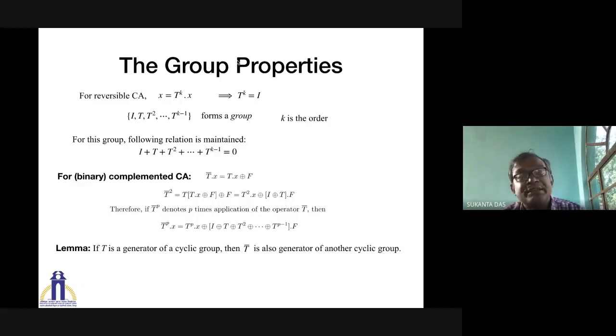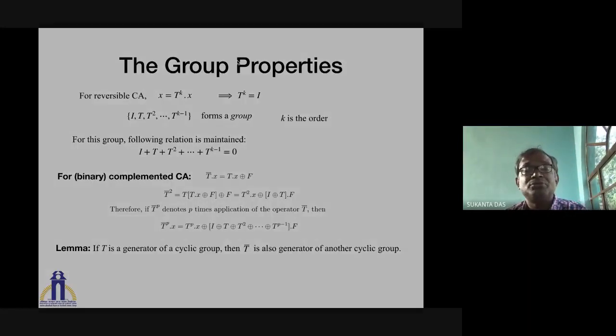That is, if the linear CA is reversible, then any of its complement is also reversible. If T is reversible, then any of its complement is also reversible. So to prove this theorem, we shall use the previous relation, that I plus T square, etc. Okay, let us try to prove.